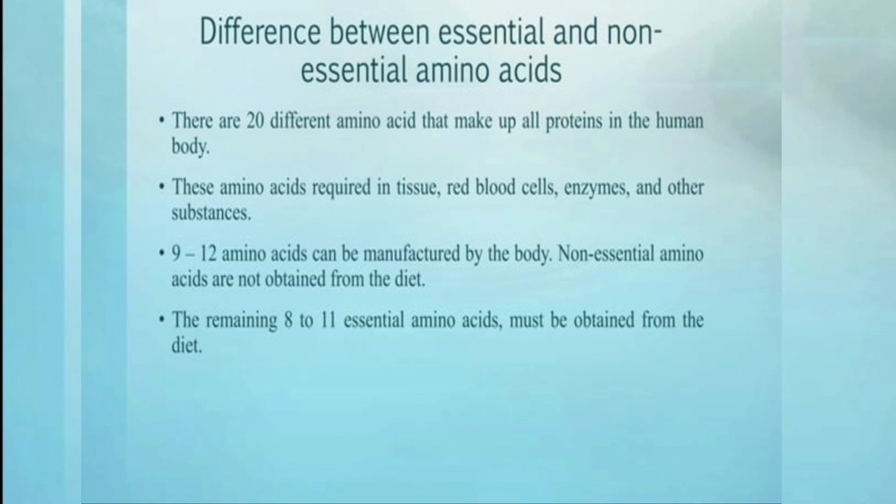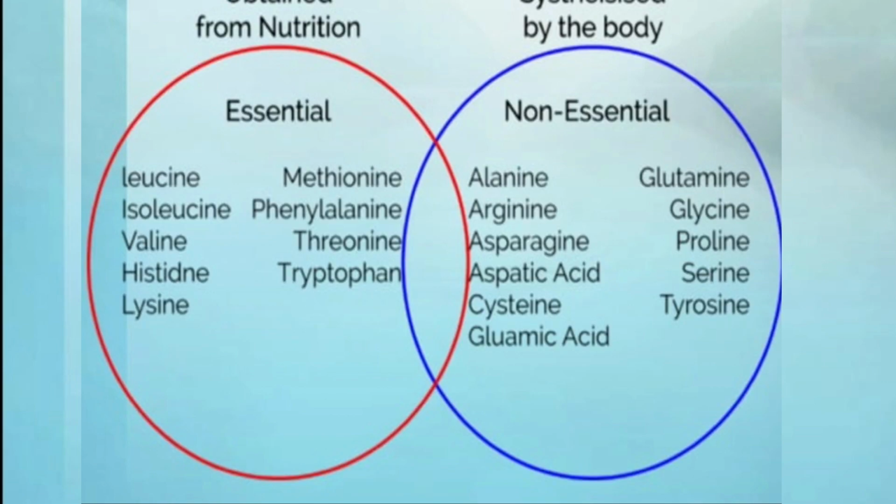Non-essential amino acids are not required from the diet. The remaining eight to eleven essential amino acids must be obtained from the diet.